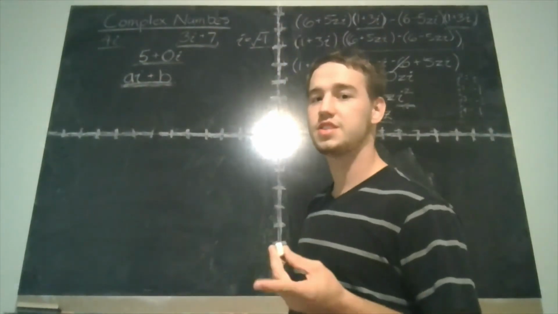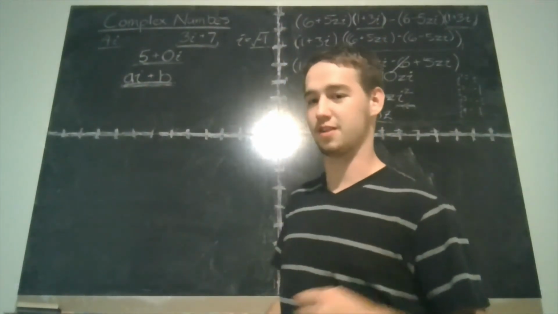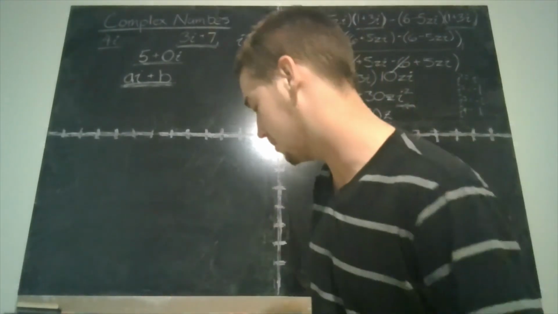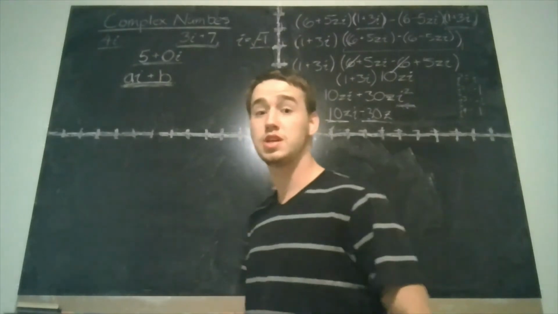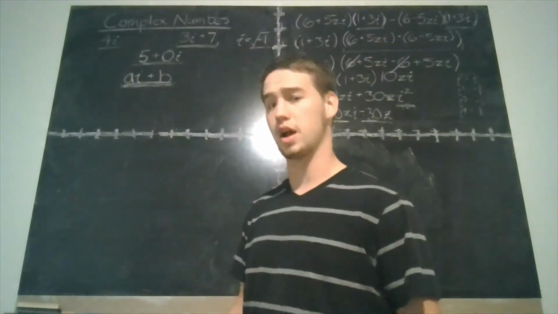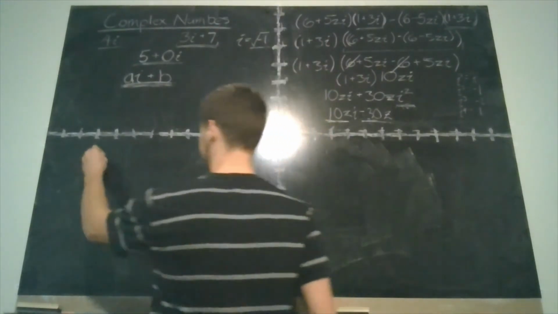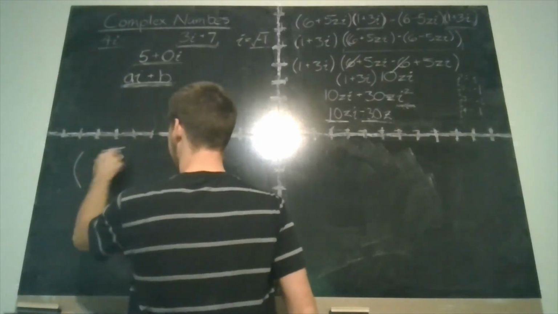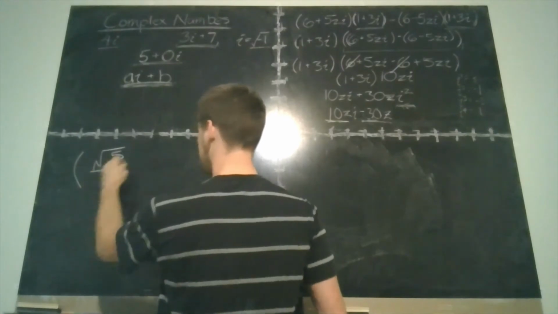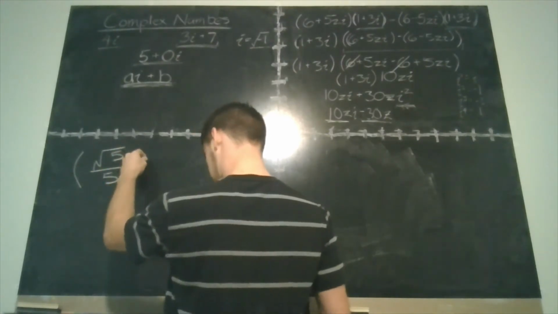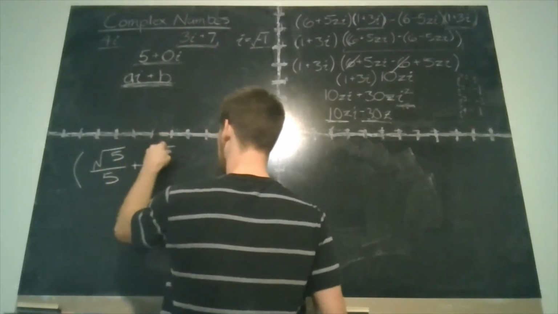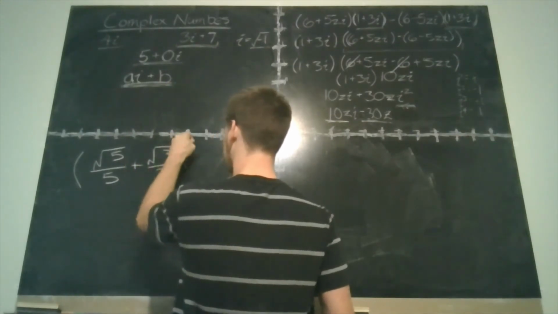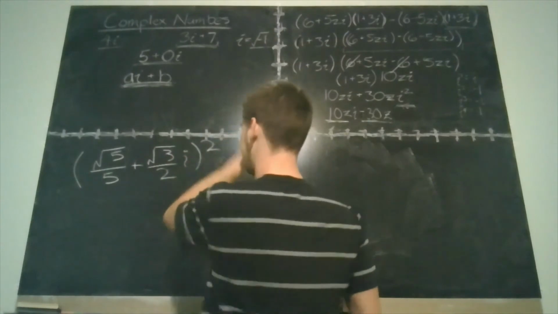So to cover one last example of this complex stuff that our friend Vince has introduced us to, there's Vince. Let's try what happens whenever you have square roots and you need to square a complex number. So let's have radical 5 over 5 plus radical 3 over 2i, and we want to square that.